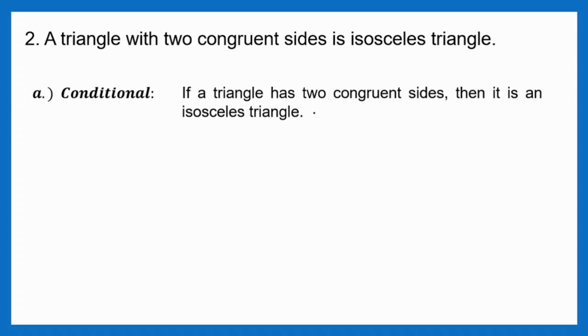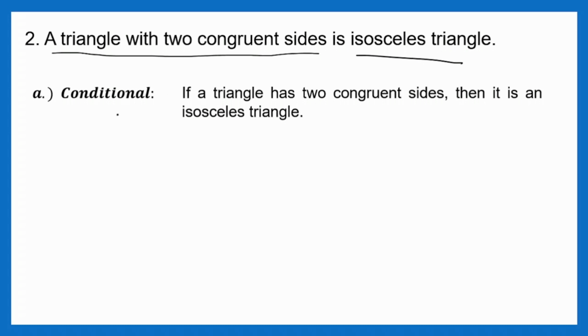If a triangle has two congruent sides, ito yung ating hypothesis at ang conclusion, then it is an isosceles triangle. Okay? So, that's for the conditional. Ito medyo madali, yung number 2. If a triangle has two congruent sides, then it is an isosceles triangle. So, if you have other versions for letter A, pareho naman yung meaning, then checkan mo yung sagot mo.